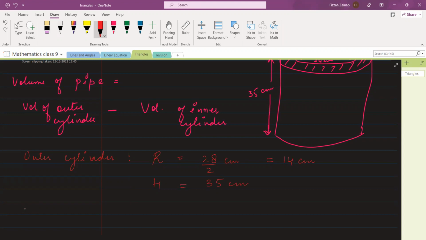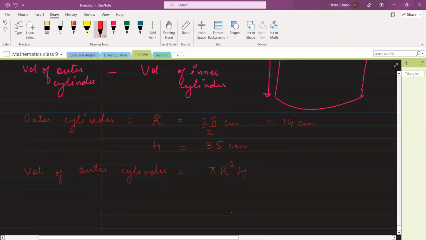So find its volume, volume of outer cylinder. Directly also you can write and separately also you can find. There's no issue. Answer is going to be the same. So pi capital R square into capital H. Understand? Use the notation which you have given to this cylinder.